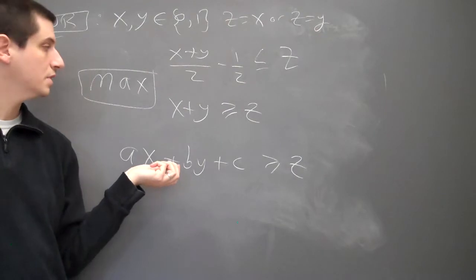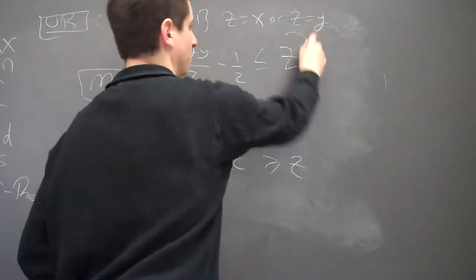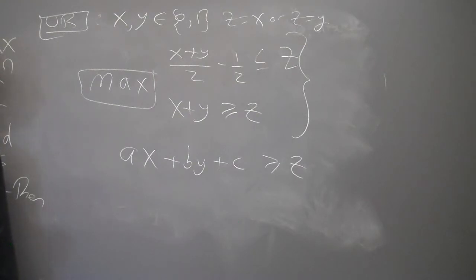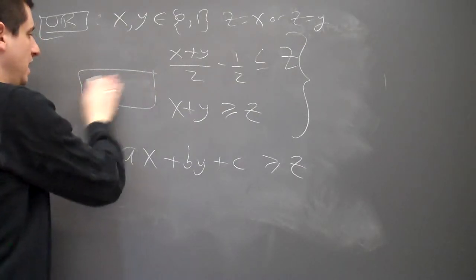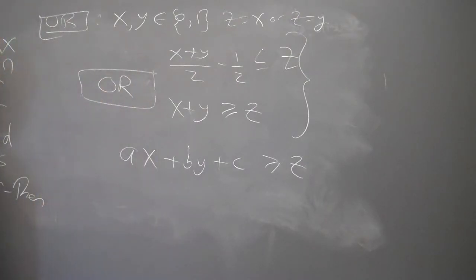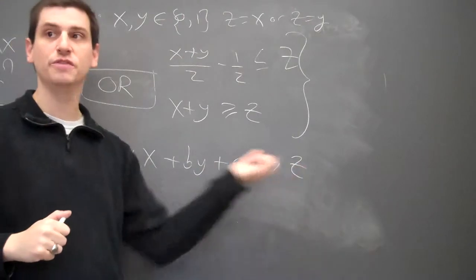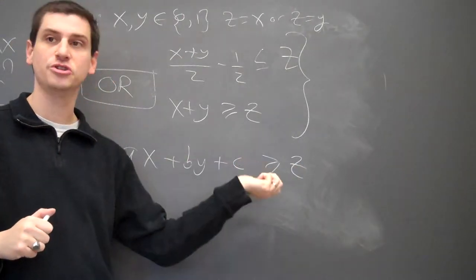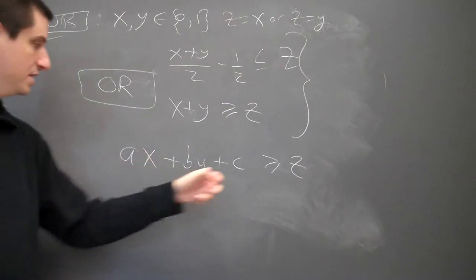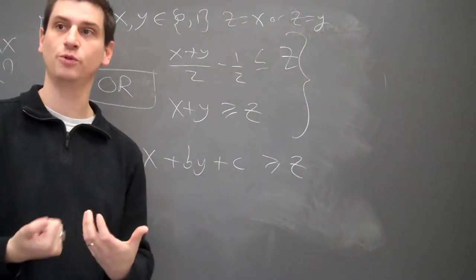I still have to keep the second, yes, I need both of them. But this would be the true, this is no longer max, this is now OR. And so everything we're looking at is of this form. So if you want, you could just search inequalities like this and stop playing games with a, b, and c to try to figure out the functional form.